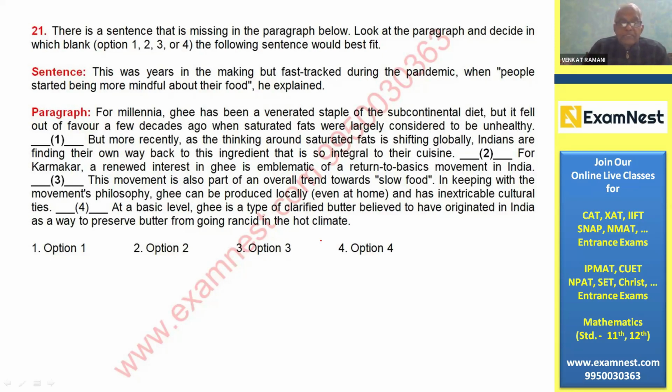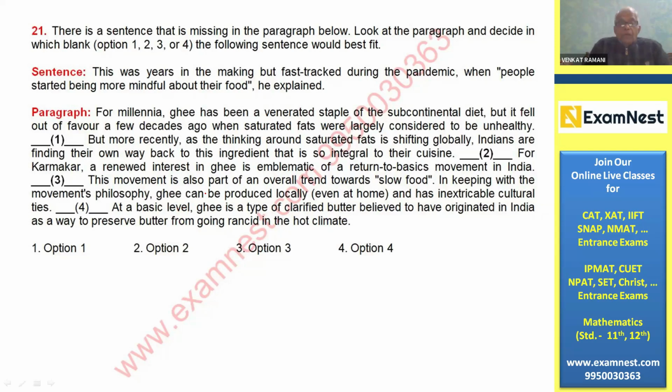So you can't have it here. But more recently, as the thinking around saturated fats is shifting globally, Indians are finding their own way back to this ingredient that is so integral to their cuisine. For Karmakar, a renewed interest in ghee is emblematic of a return to basics movement in India.